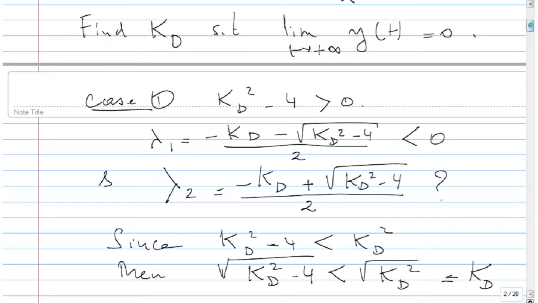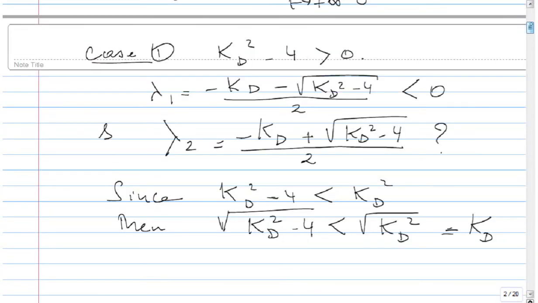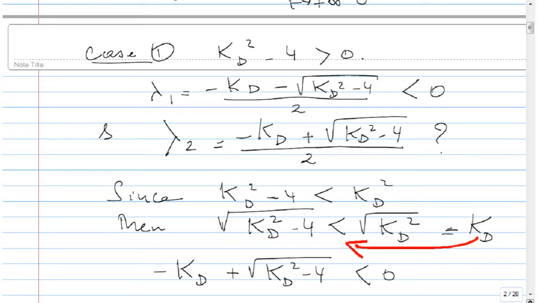So if you take now minus kd, in other words, I'm taking kd to the other side, the quantity becomes negative. So lambda 2 is also negative.